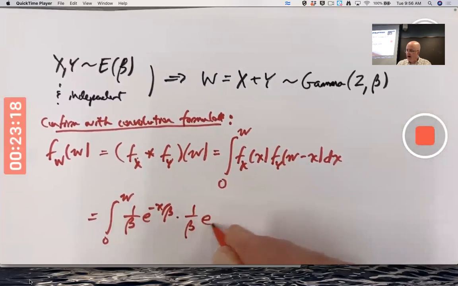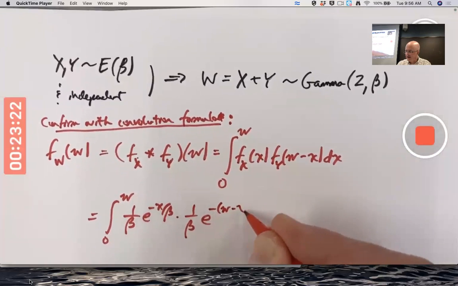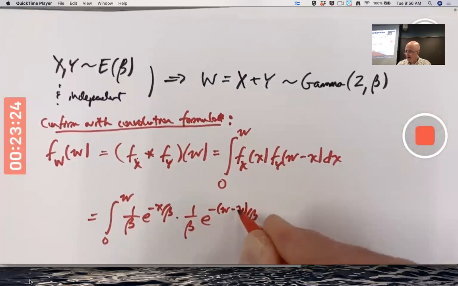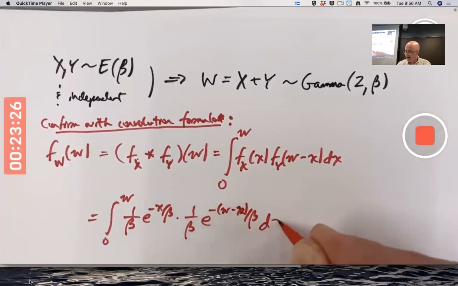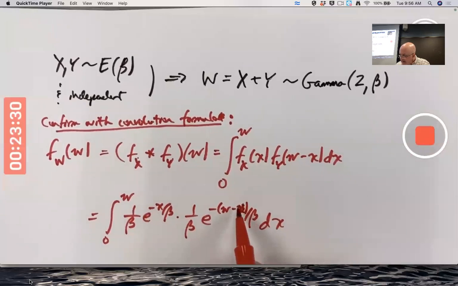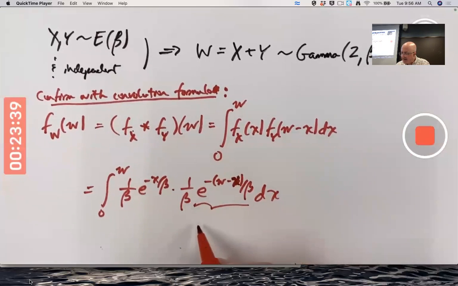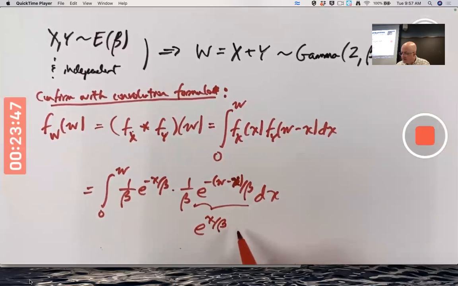But I'm replacing y with w minus x here. That's an x there. Of course, I can distribute the minus sign through. That's the same as e to the positive x minus w over beta. And I could write that using properties of exponents like this.